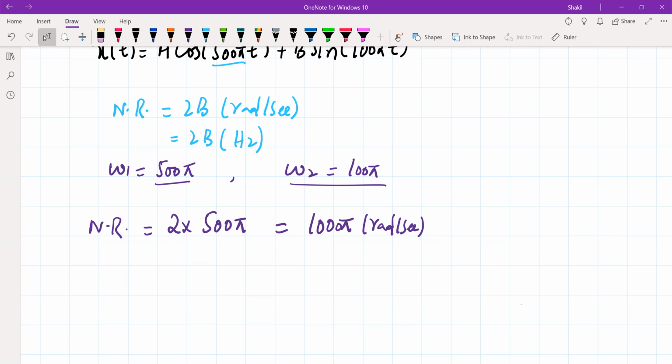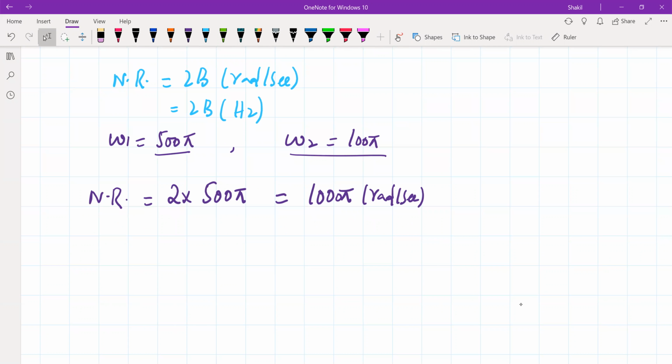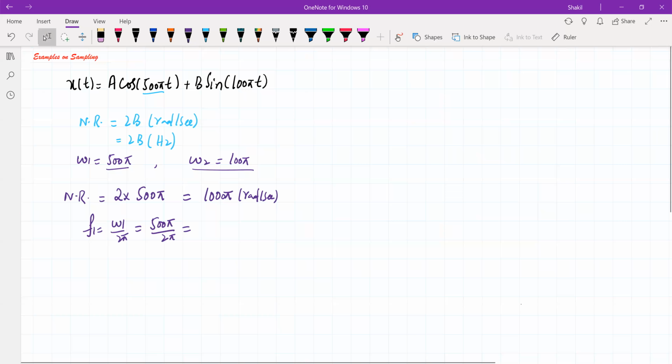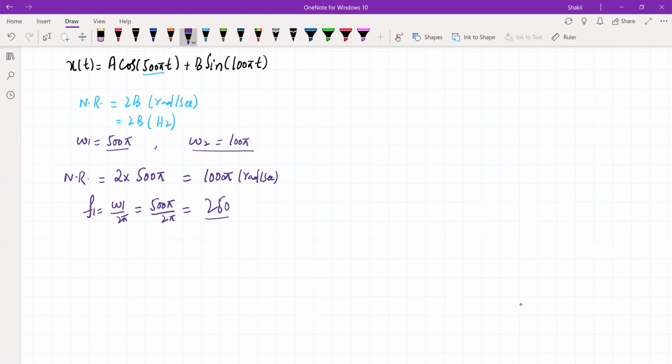Or you can get the answer in hertz. f1 is omega 1 by 2 pi, which is 500 pi divided by 2 pi, so 250 hertz. The Nyquist rate in hertz is 2 times the maximum frequency, so 500 hertz. This is the answer in hertz.